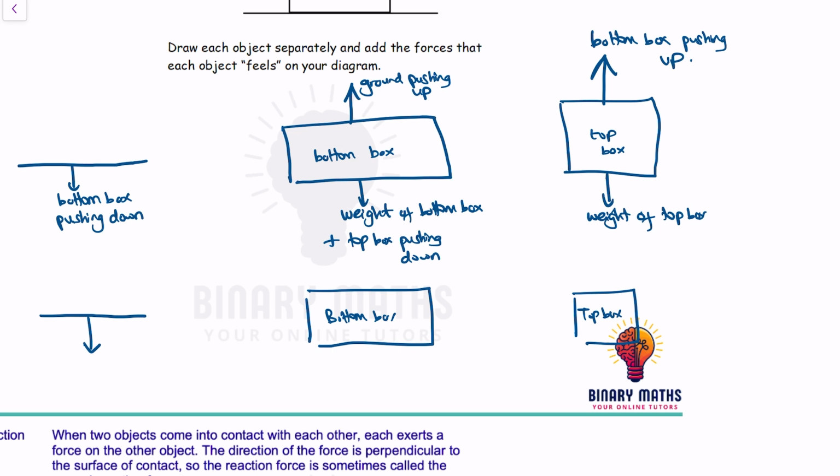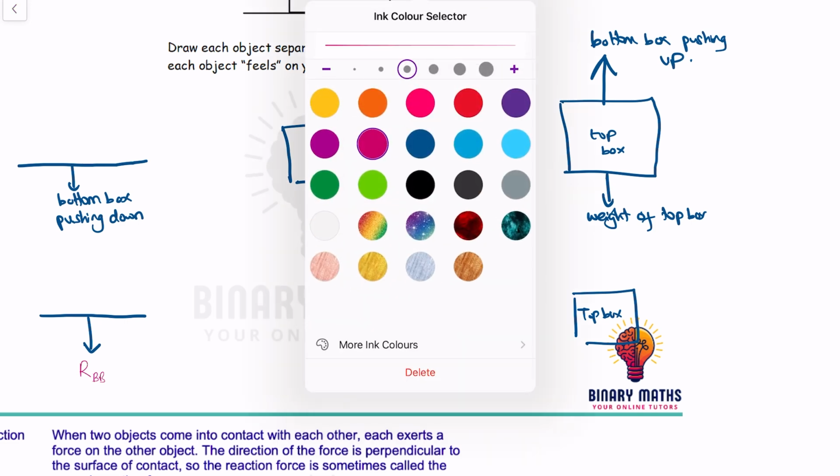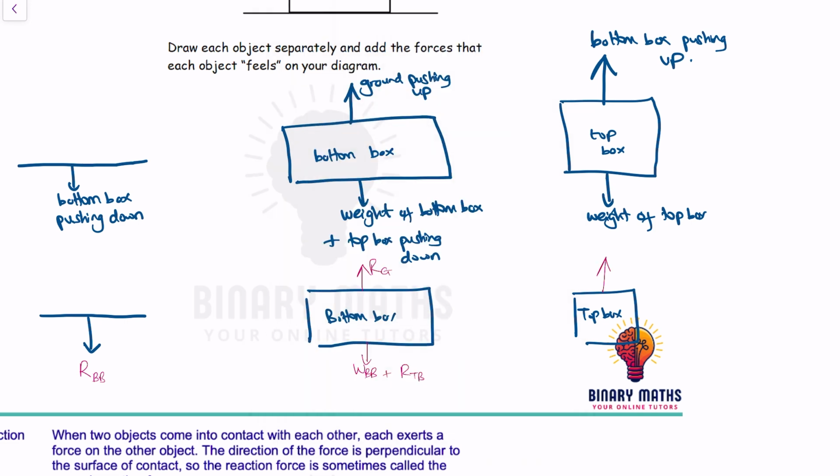This is the reaction force of the bottom box. Here I've got weight of bottom box plus the reaction of top box. Here I've got ground pushing up, so reaction with ground. Anytime there's contact between two objects, there's a reaction force. So reaction with bottom box and weight of top box.